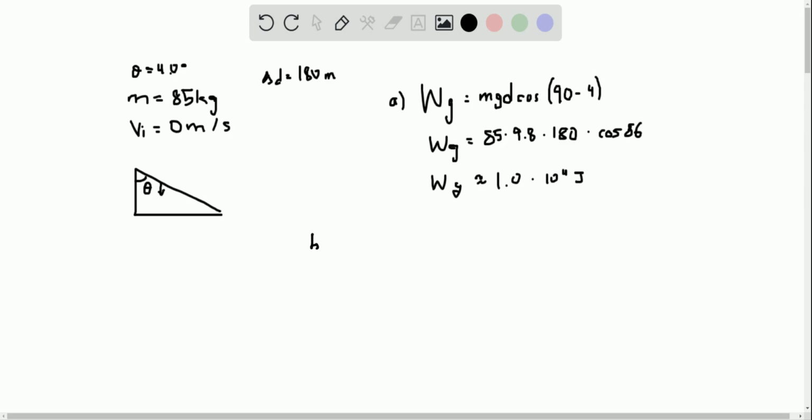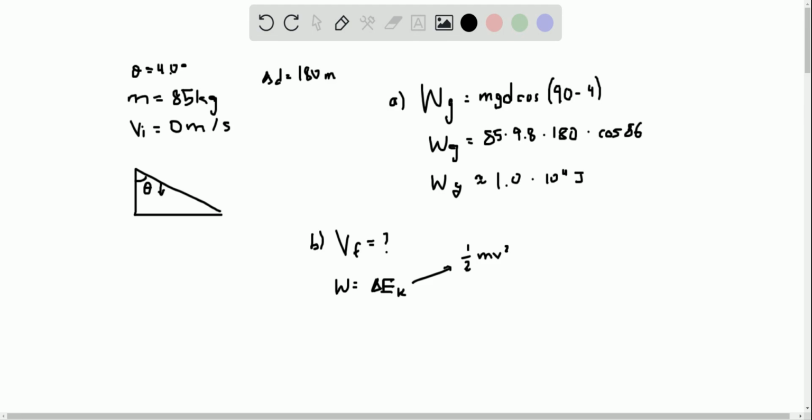Now, part B is asking you to solve for final velocity. So we know that work is equal to the change in kinetic energy. Now we also know that kinetic energy is equal to half mv squared. But don't forget about the delta symbol, so change in kinetic energy.